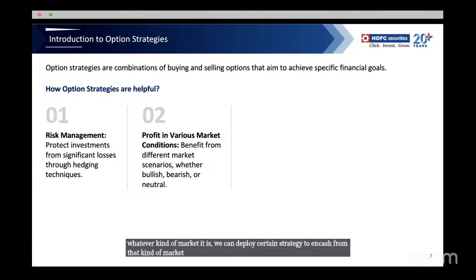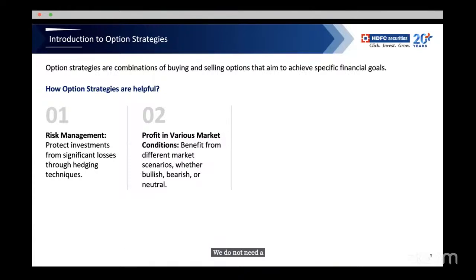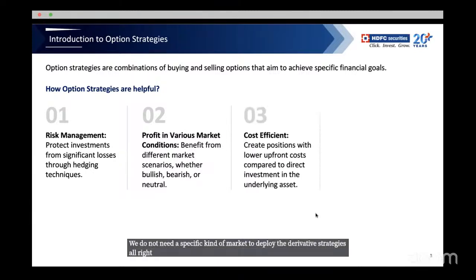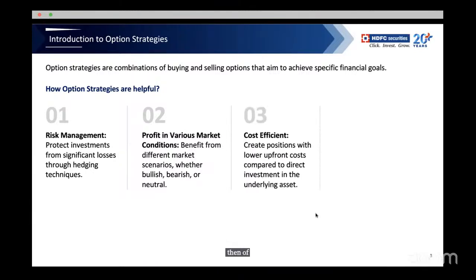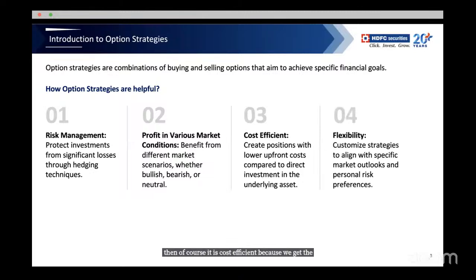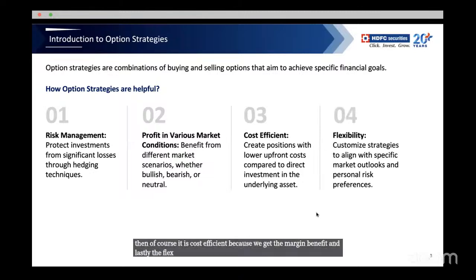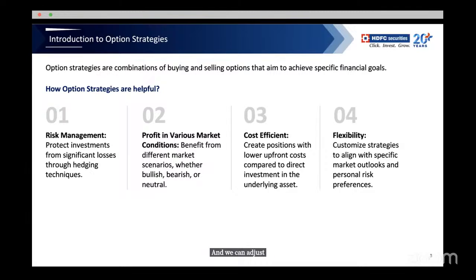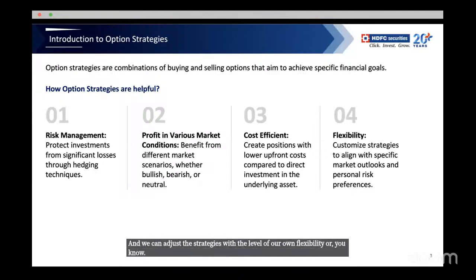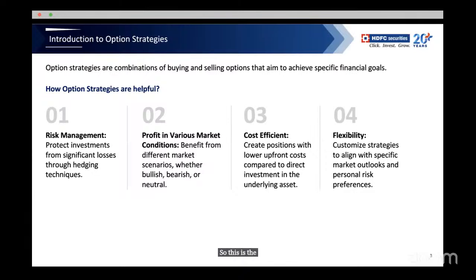We do not need a specific kind of market to deploy the derivative strategies. Then of course it is cost efficient because we get the margin benefit, and lastly the flexibility, because there are various types of option strategies and we can adjust the strategies to the level of our own flexibility or convenience, or based on the risk appetite that we have. So this is the base ground for why option strategies.